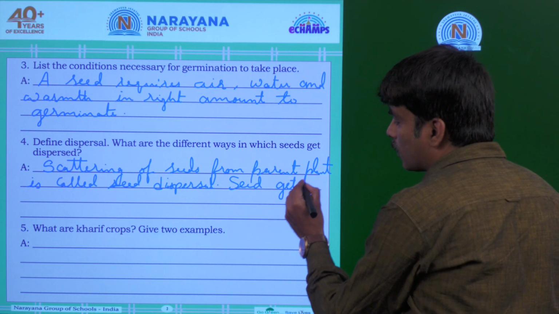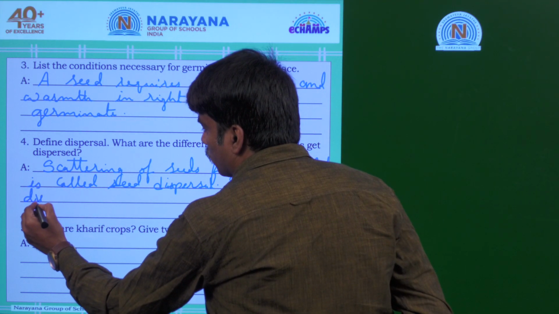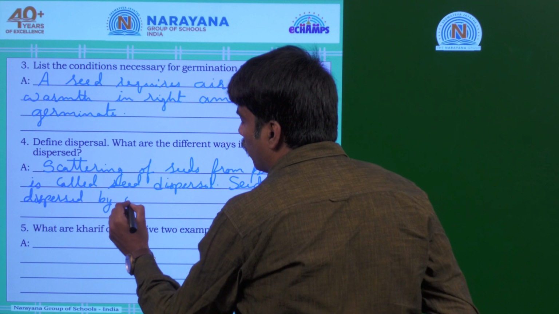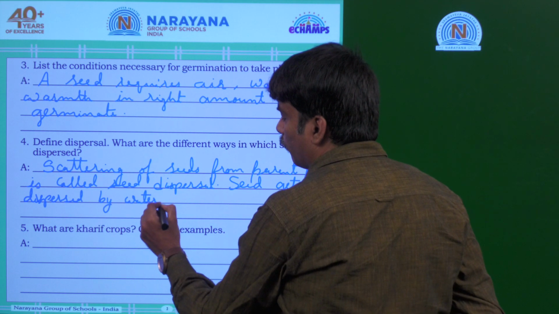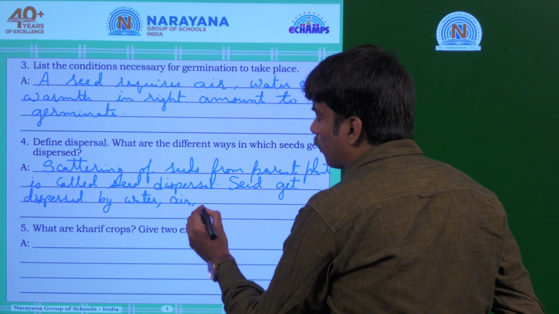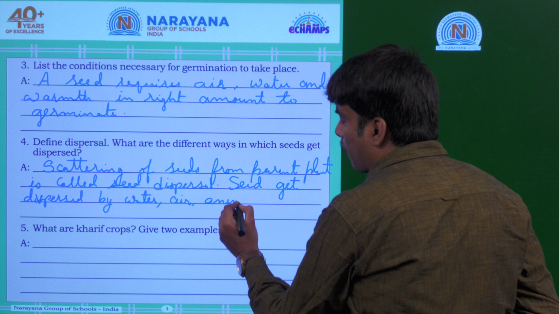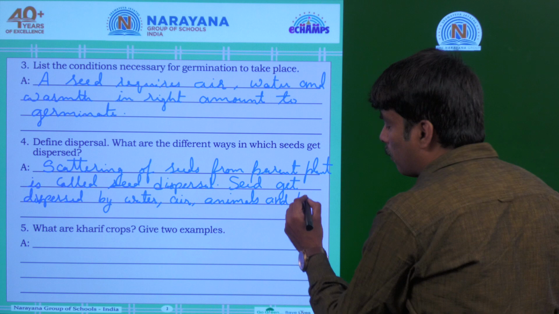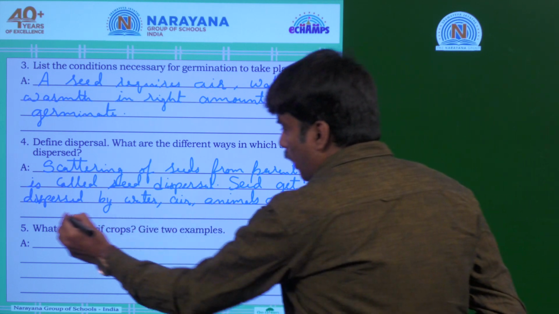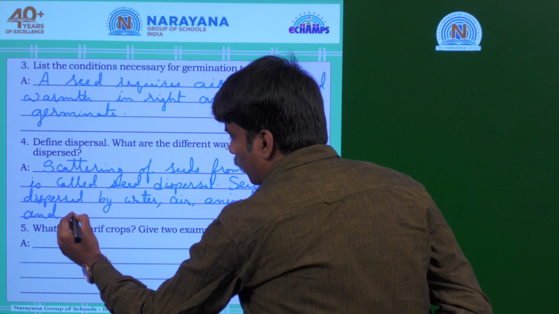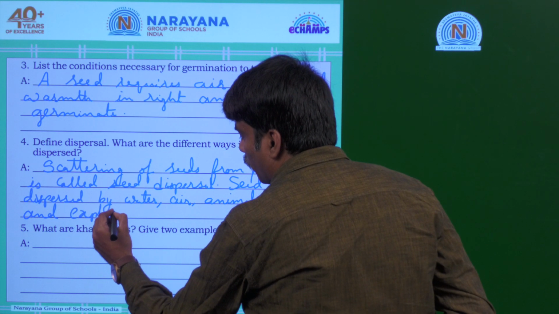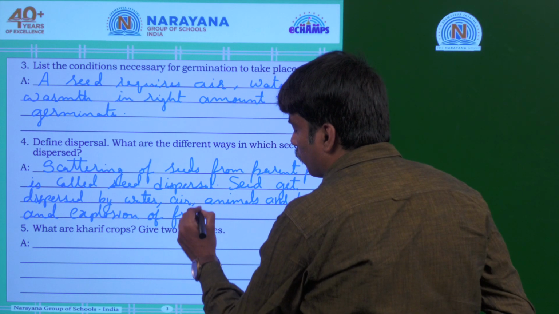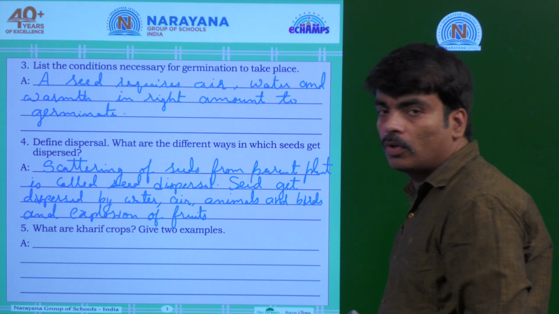Seeds get dispersed by water, air, animals and birds, and explosion of fruits.